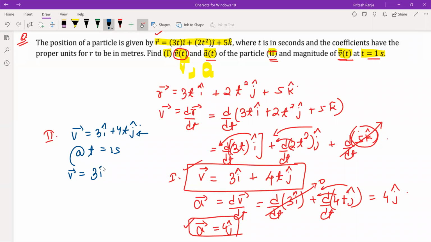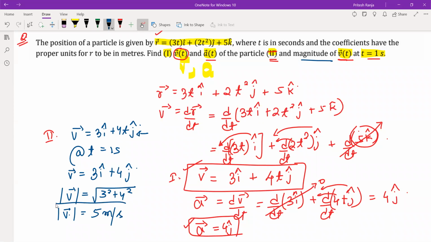So 3 i plus 4 j cap, right? If you put t as 1, it will be 4 j cap. So you have to find the magnitude. So how do we find the magnitude? Root of 3 squared plus 4 squared. That is 5 meter per second is the answer for the second one. Is this clear? How easily we found out the results?